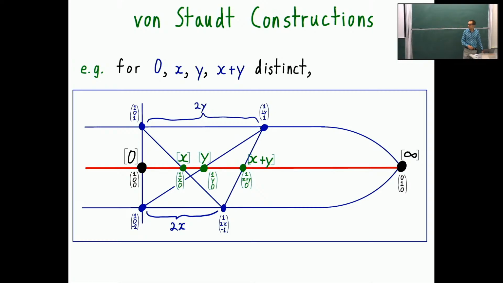So basically, you want to map the elements of the field to the points on the space so that the algebraic operations can be realized by the intersection of lines. Yeah, like a construction. Yes. So I'm having values on just a single line at this point.